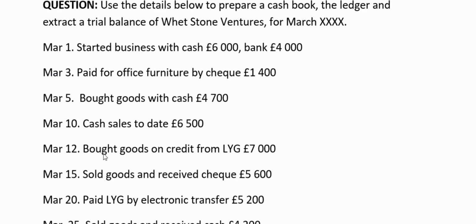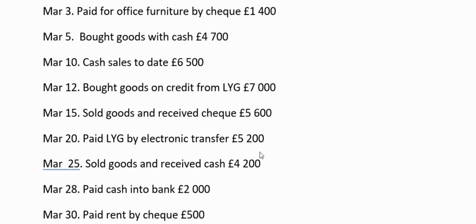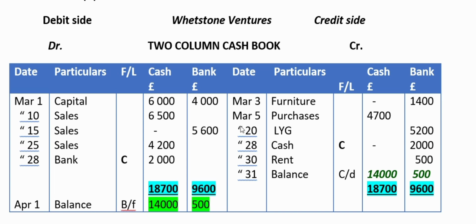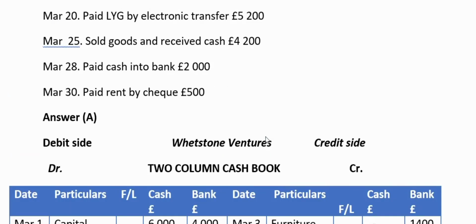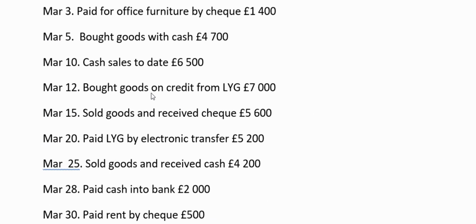is March 12. Bought goods on credit from LYG, £7,000. There is no March 12 entry in the cash book because these goods were bought on credit, and so it will not enter into the cash book because there was no payment made.